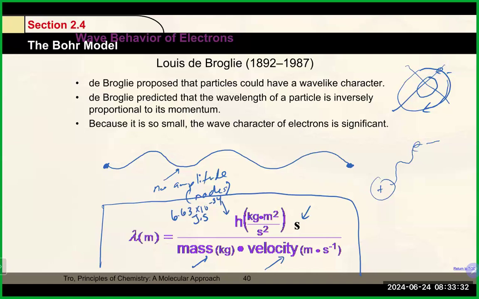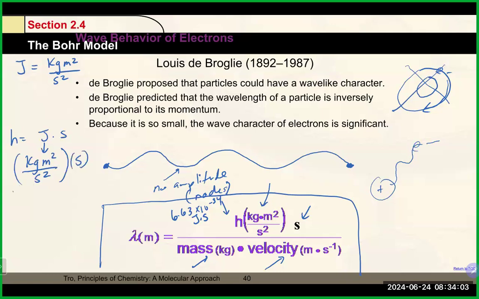So why are these units all important? Well, first off, you see the relationship that we talked about, that a joule is equal to a kilogram meter squared per second squared. So again, that's what we saw earlier. And when we look at the units of just h, that is joules times seconds, which means for the joules part, you can substitute in kilograms, meter squared, second squared, times a second.